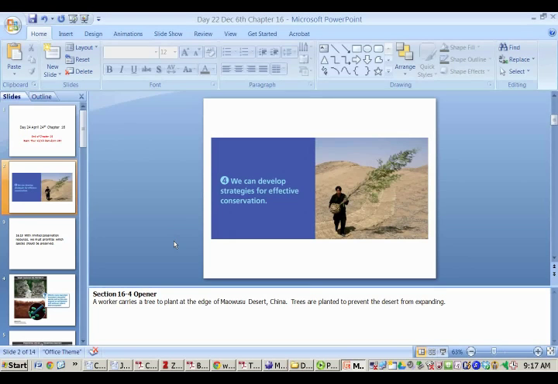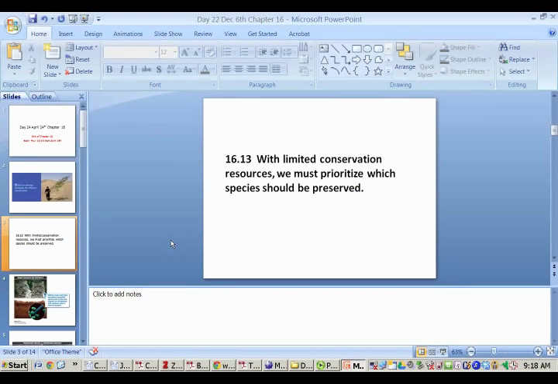What you see happening in this picture is people planting trees in order to stop the spread of the desert. One of the things that a lot of people don't realize is that because deserts are made of sand, it's very easy for them to expand and expand, and as that happens, we lose biodiversity.